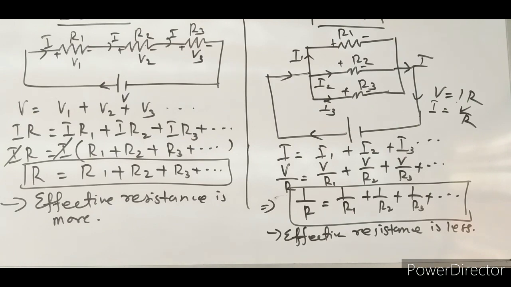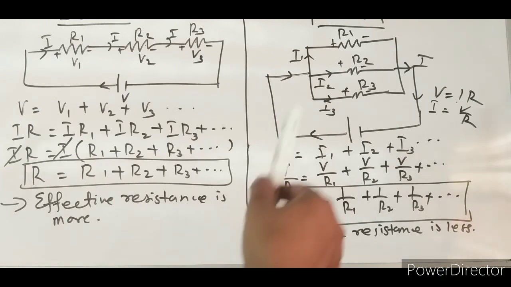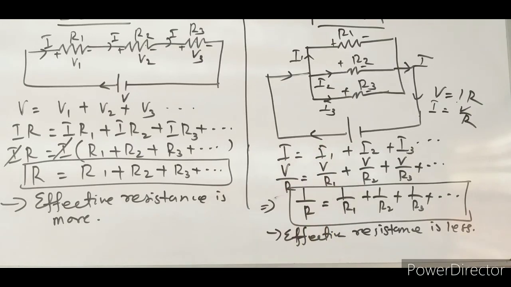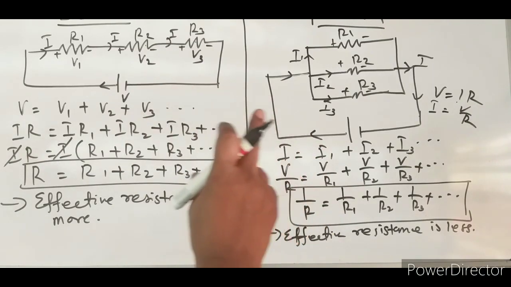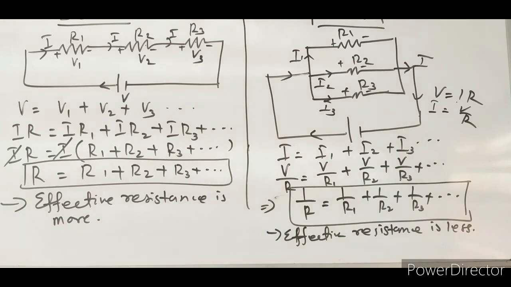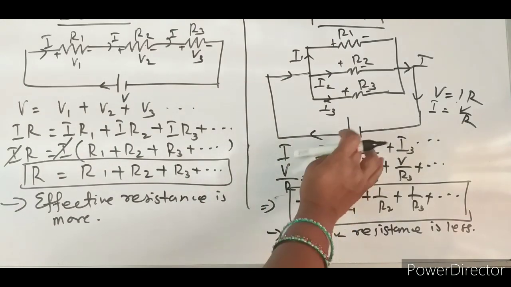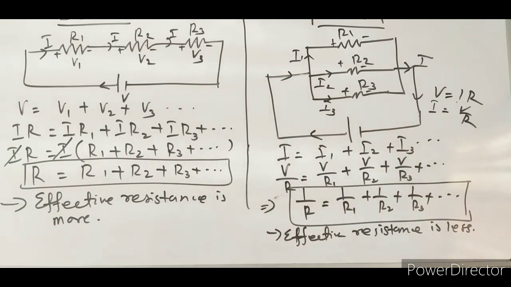This is the reason why, whenever there is a household circuit, the connection is made in parallel, so that every appliance that is connected gets the same potential difference or same voltage.